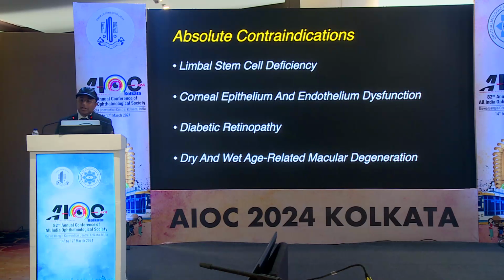Keratoconus is an absolute contraindication, whereas previous history of any refractive surgery is just a relative contraindication. We need to look at the higher order aberration, the amount of it. If the RMS is less than 0.4 microns, maybe we can take up these cases.